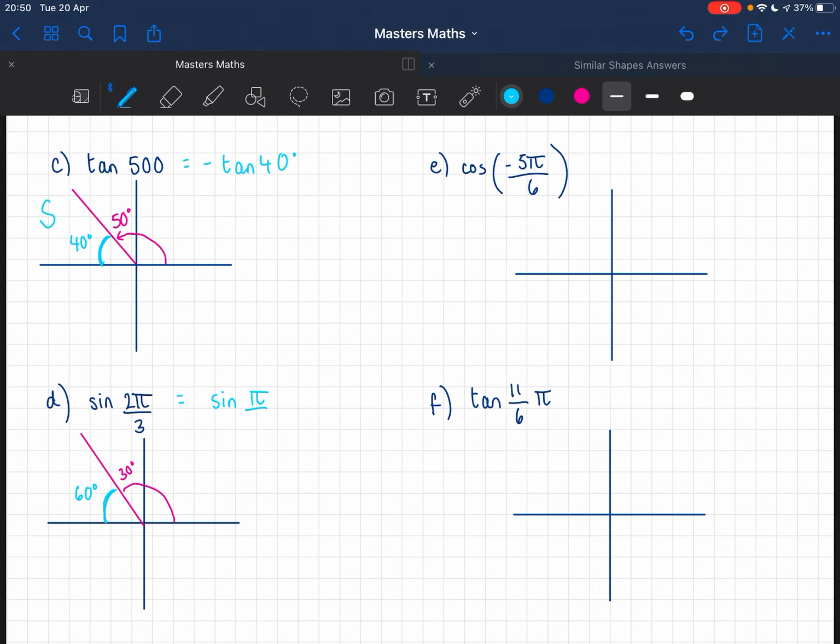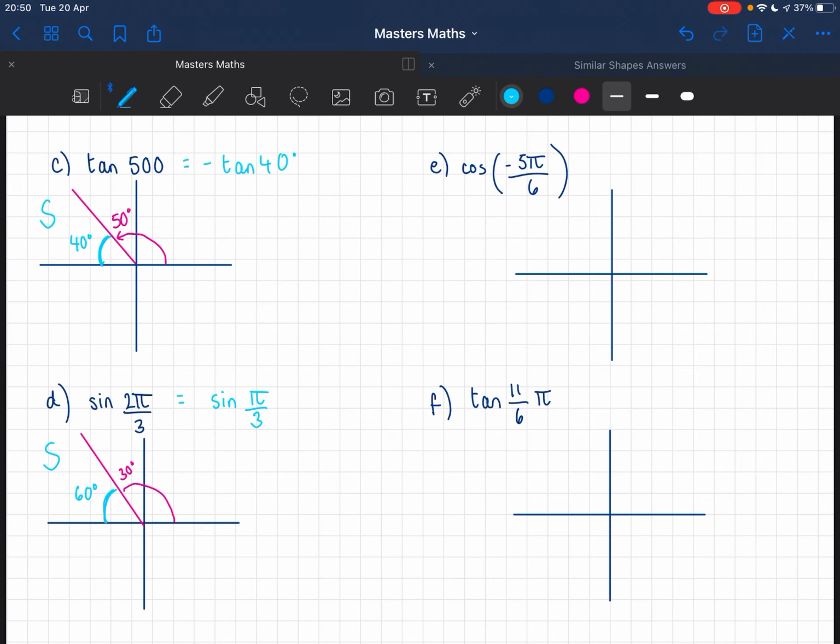It's a third of 180. We need to check if it's positive or negative. So in this quadrant, we're still looking at the S of the word CAST, and that means sin is the only positive ratio in that quadrant. So it is sin pi over 3. It's not negative, it's positive.